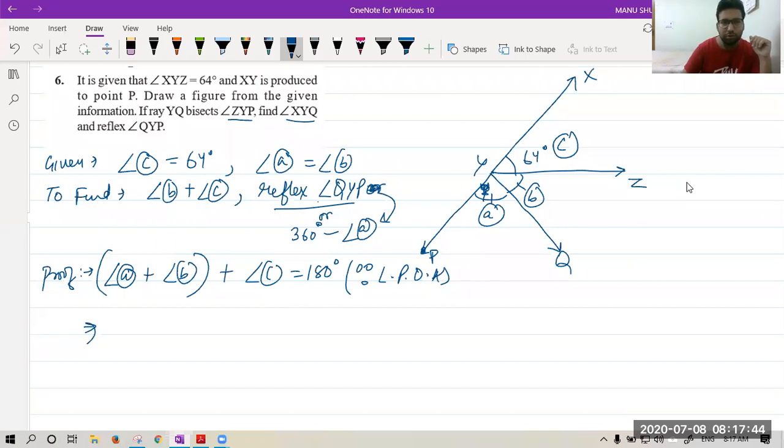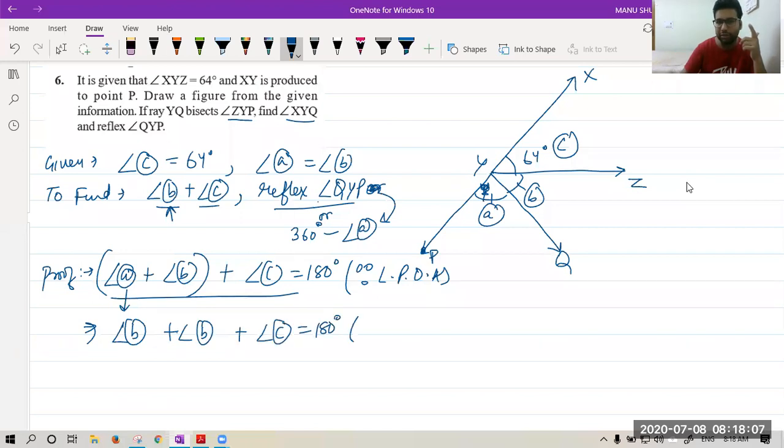We want B plus C. C we already know, so finally we want B. I can replace this A with B itself, because it is given that A and B are equal. So B plus B plus C is equal to 180. Now twice angle B plus angle C is equal to 180.